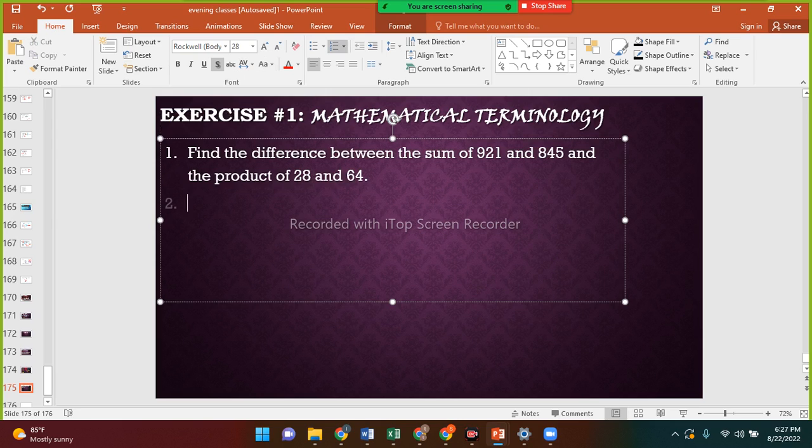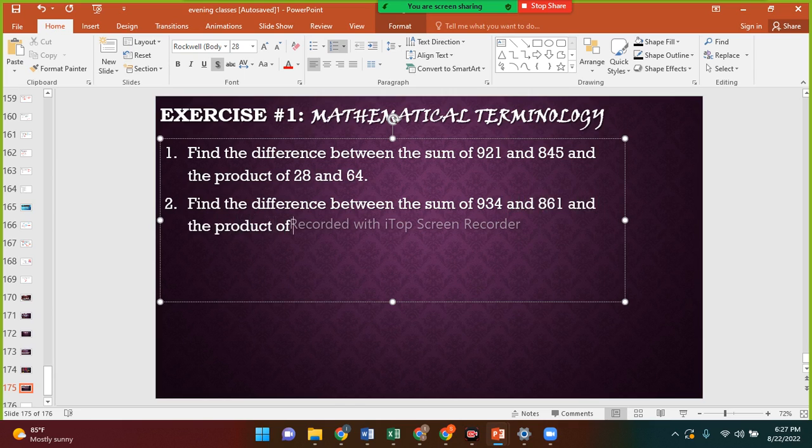Number 2 says find the difference between the sum of 934 and 861 and the product of 23 and 61.